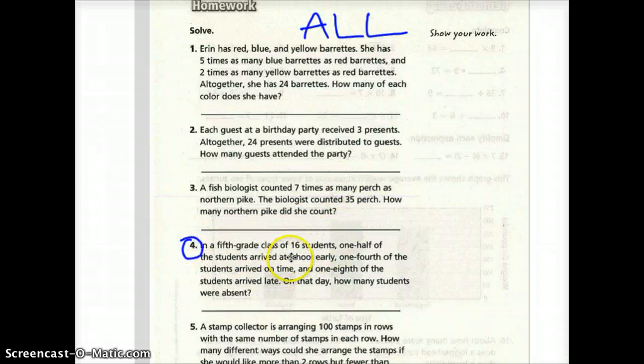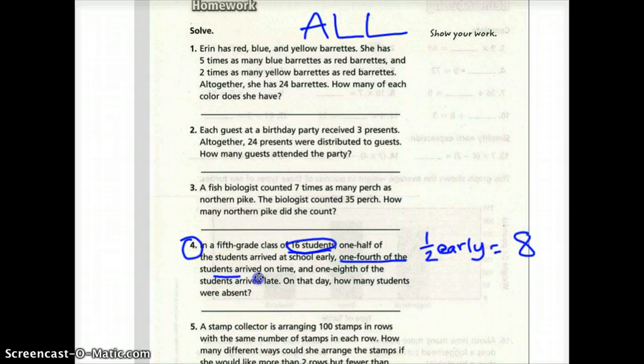In a 5th grade class of 16 students, 1/2 of the students arrived at school early, 1/4 of the students arrived on time, and 1/8 of the students arrived late. On that day, how many students were absent? Okay, so 1/2 is early. So what is half of 16? That would be 8.